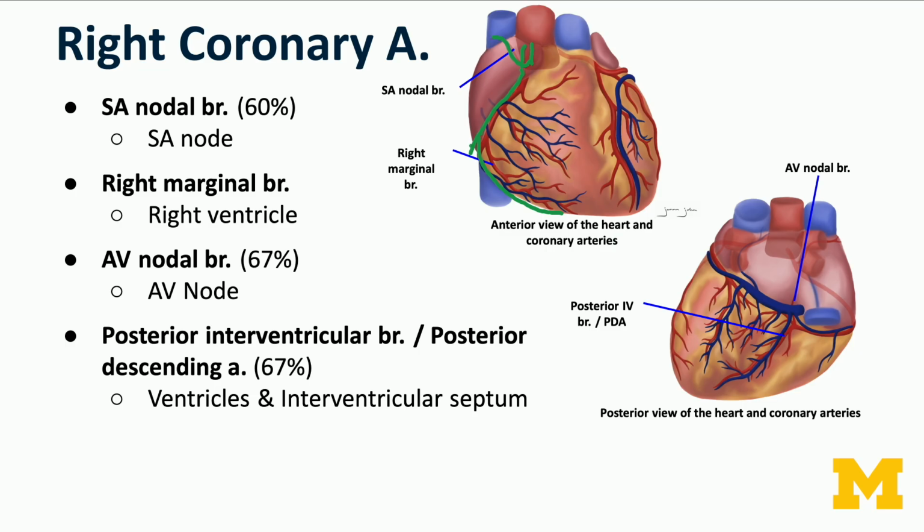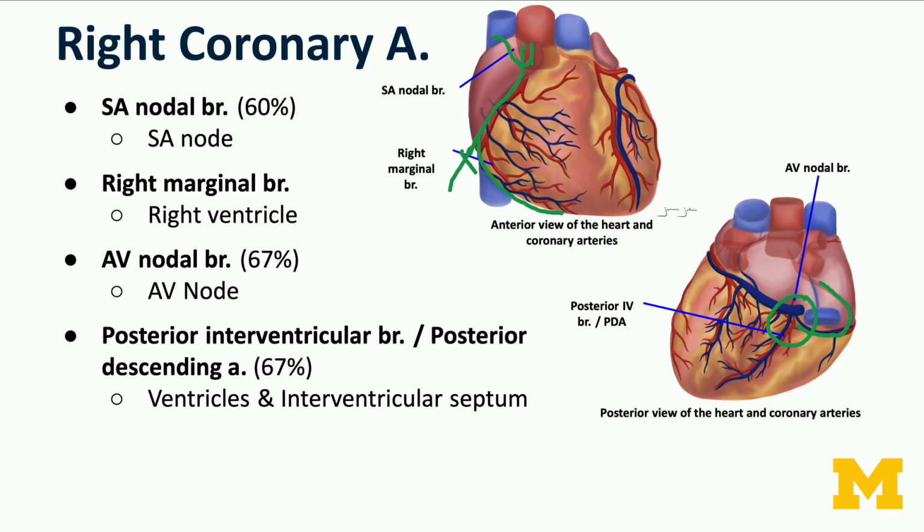And then if we move from this illustration to this other illustration, so here is the RCA coming down in that coronary sulcus, and right about there, it turns the corner and it heads towards the crux of the heart. Recalling the crux of the heart is where the coronary sulcus meets the posterior interventricular sulcus.